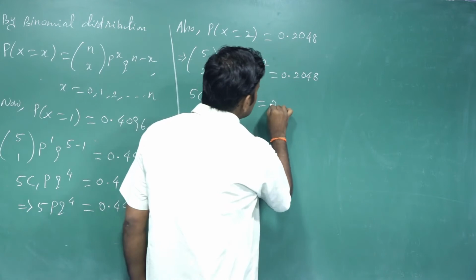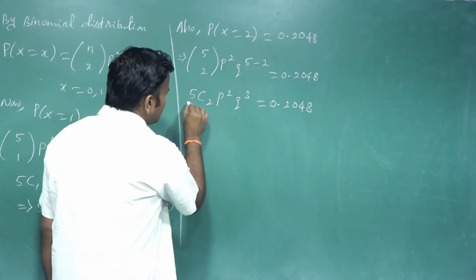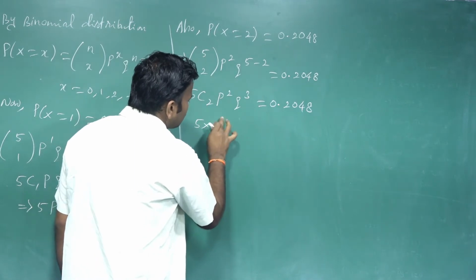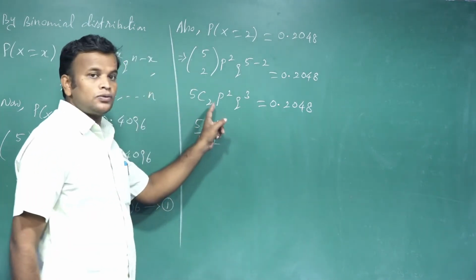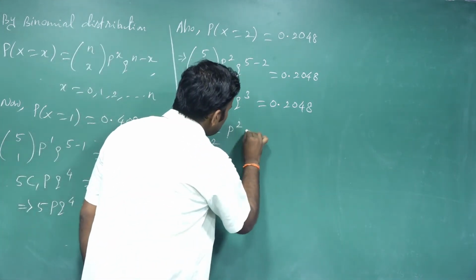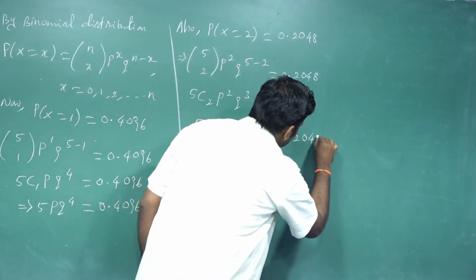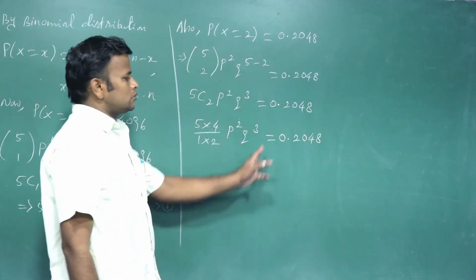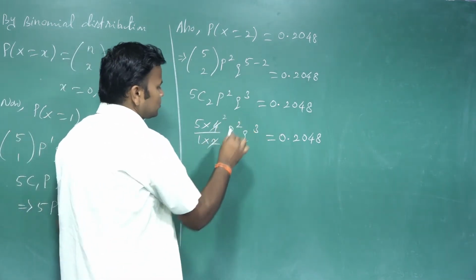So 5C2 is 5 into 4 by 1 into 2. P square Q cube is equal to 0.2048. In the numerator and denominator, we cancel.